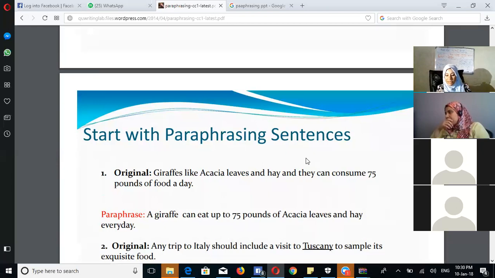Do you know what's exquisite? When you describe the food as exquisite, it means it's accurate. The food that is specific to a certain country, and it's usually a good food to be represented. So exquisite food means the food that is related to this country. And the word trip, as I told you, could be a voyage or journey. All right?